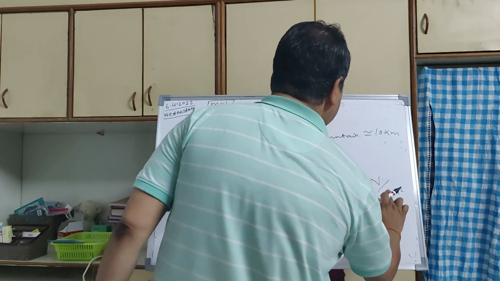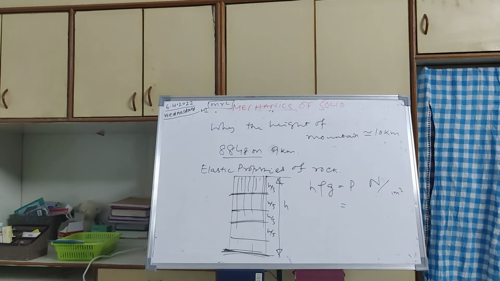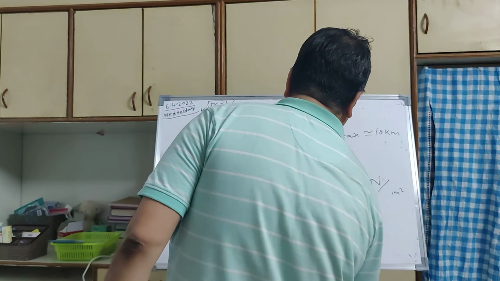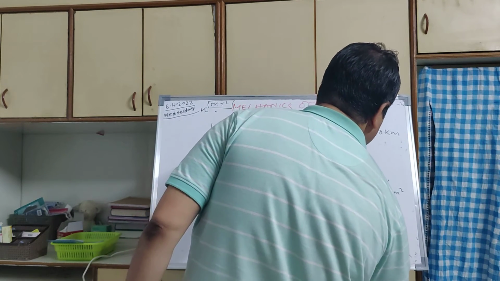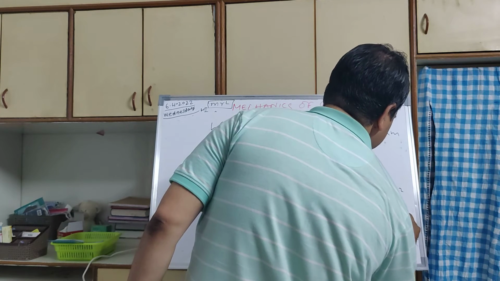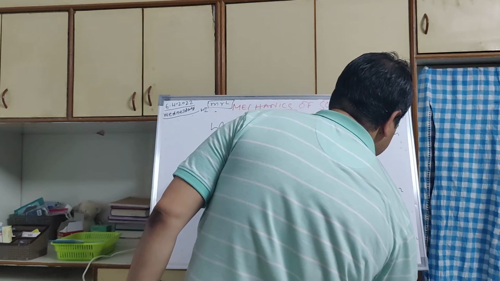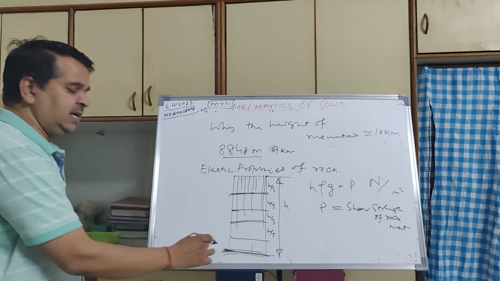We know this pressure should not be more than the shear strength of the rock. This pressure should be equal to the shear strength of the rock material, because it is compressing here.